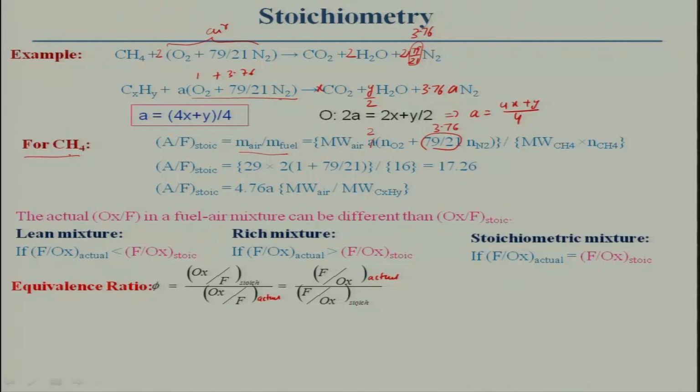That means if the equivalence ratio is equal to 1, what is the thing? If phi is equal to 1, it is stoichiometric. If phi is less than 1, it will be a lean mixture. If phi is greater than 1, it will be a rich mixture.